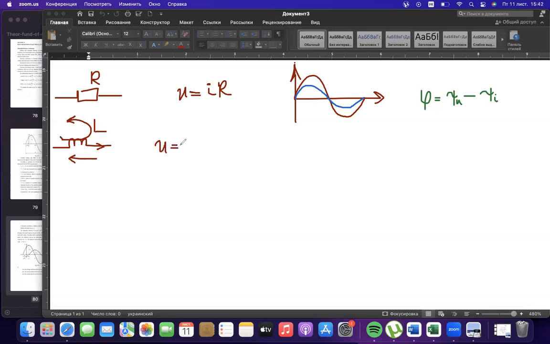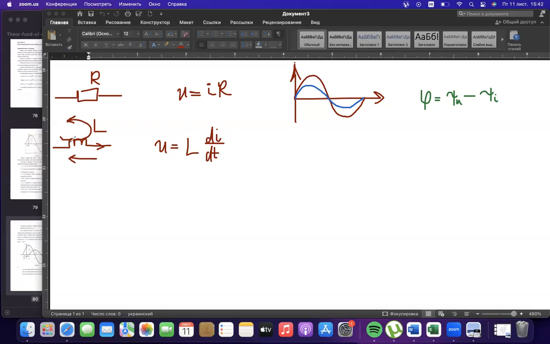The voltage that appears on the coil equals the derivative of the current multiplied by the characteristic of the coil: what type of coil you have, how it makes a magnetic field, how good it is for the magnetic field.